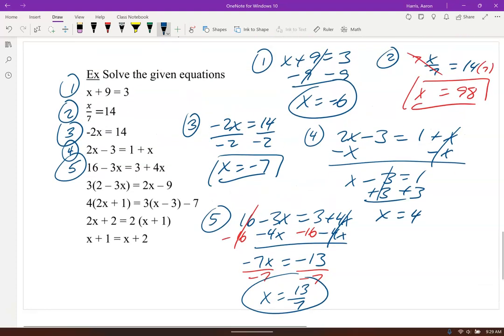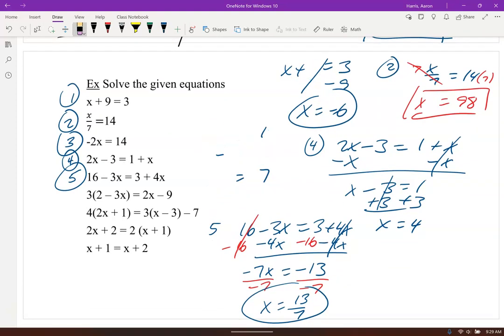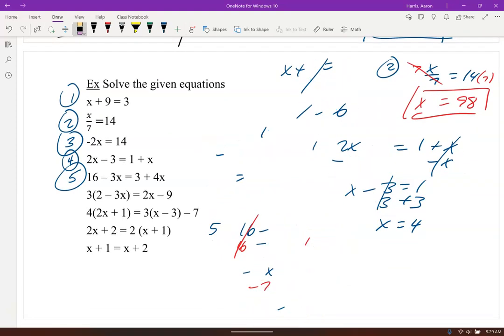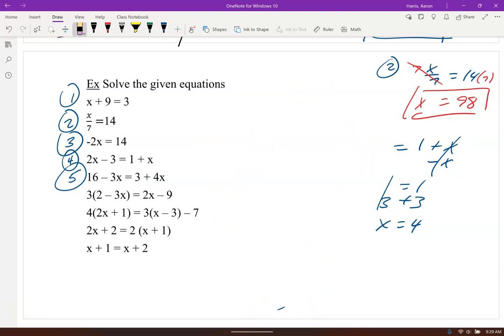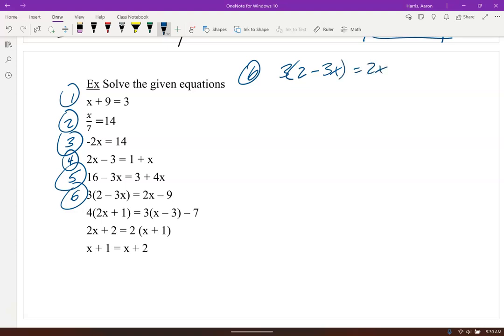Number 6, let me make a little bit of room here. Number 6, 3 times the quantity 2 minus 3x equals 2x plus 9.